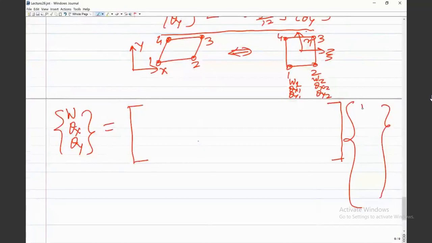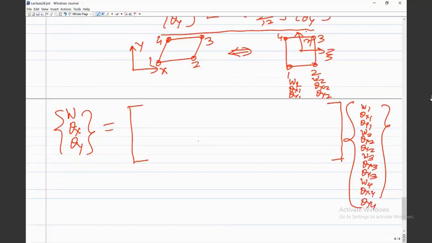So the degrees of freedom are W1, theta x1, theta y1, W2, theta x2, theta y2, W3, theta x3, theta y3, W4, theta x4, theta y4. So these are the elemental degrees of freedom.